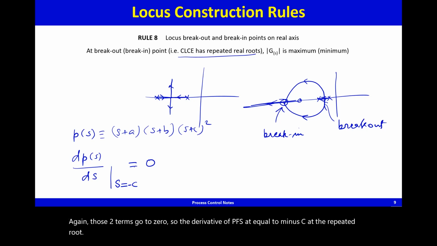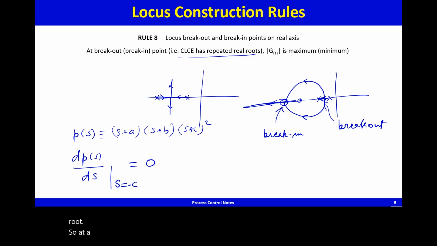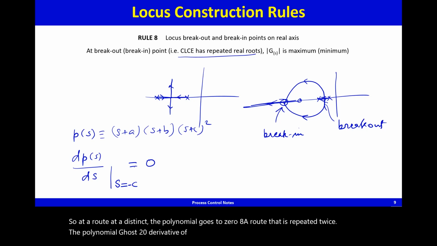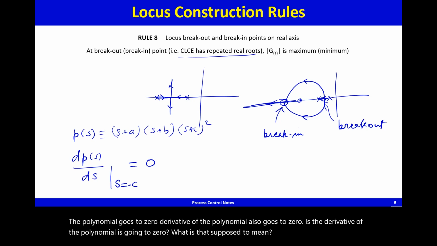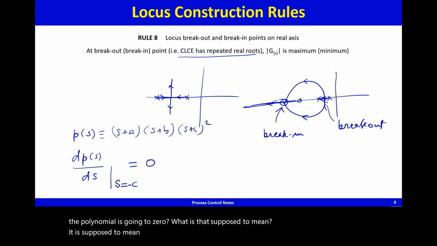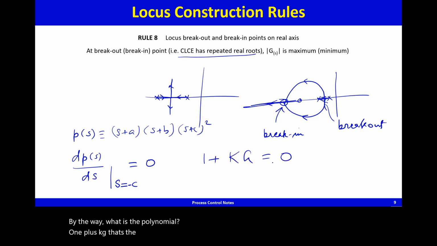So at a distinct root, the polynomial goes to 0. At a root that is repeated twice, the polynomial goes to 0, and the derivative of the polynomial also goes to 0. If the derivative of the polynomial is going to 0, what is that supposed to mean? By the way, what is the polynomial? 1 plus kG. That's the polynomial that we are talking about, right?